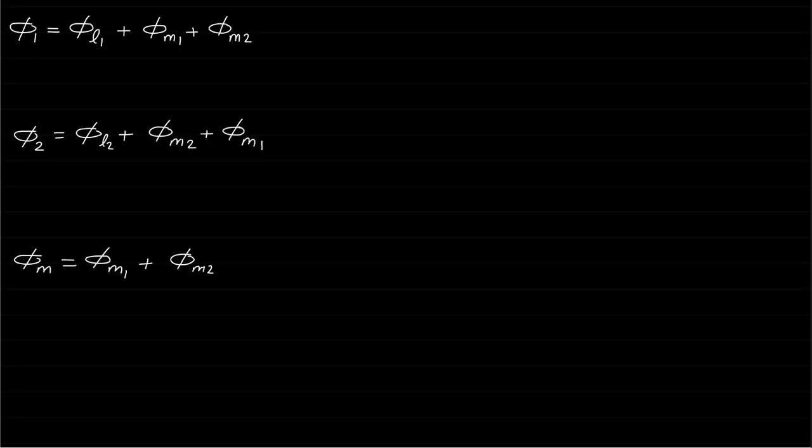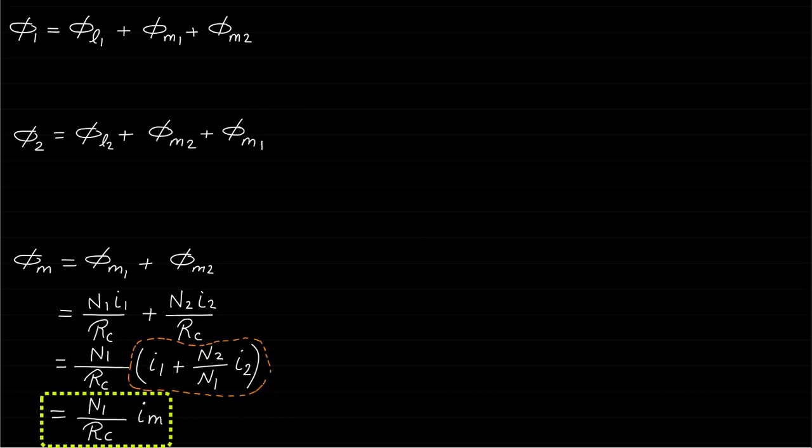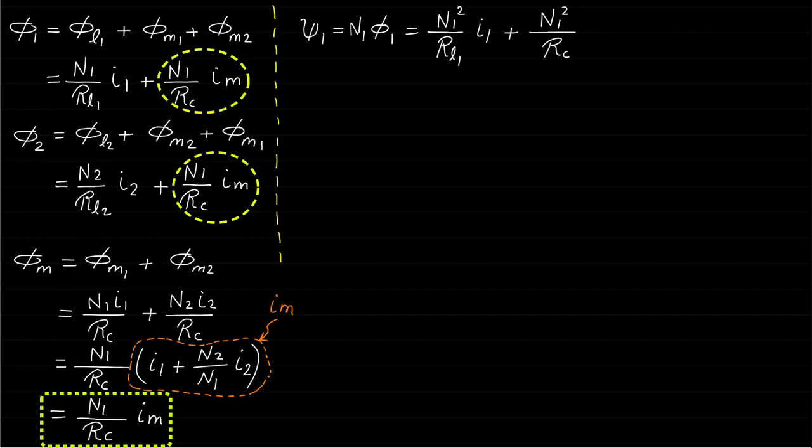The main difference of the modified approach is the simplification of the equivalent mutual magnetic field phi m to a new term equal to N1 over RC times Im. Now, based on the newly calculated magnetic field lines phi 1 and phi 2, the magnetic field linkages psi 1 and psi 2 can be calculated as follows.